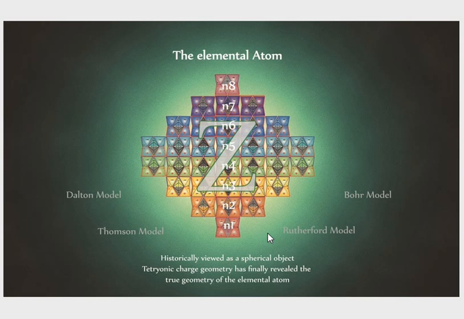In Tetryonic chemistry, we showed the structure of all periodic elements and displayed what the atomic nucleus looks like in reality, as opposed to the various models that have been drawn over the years since we first started delving into the atomic nature of things.